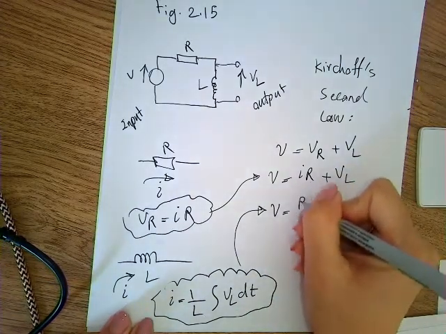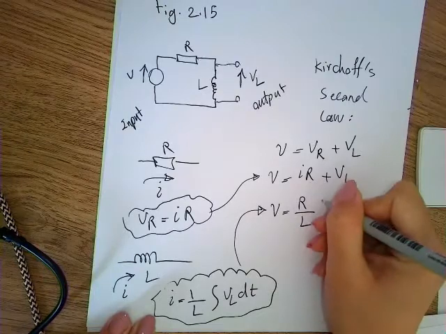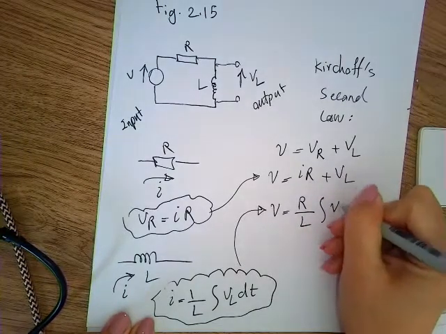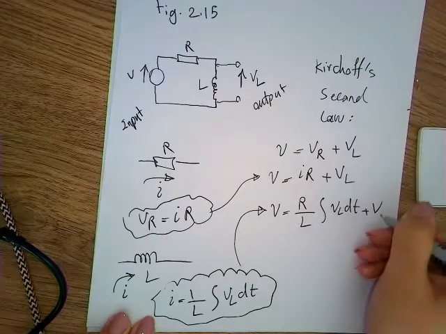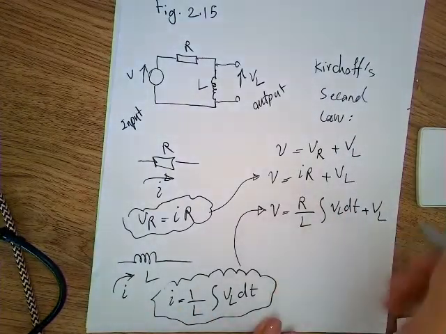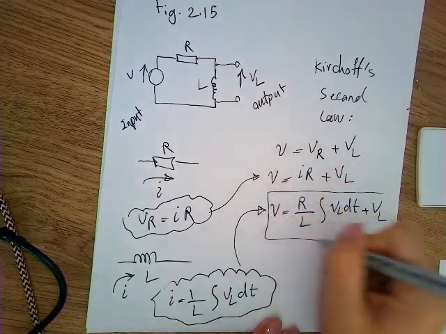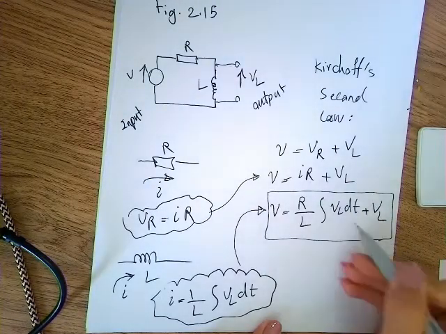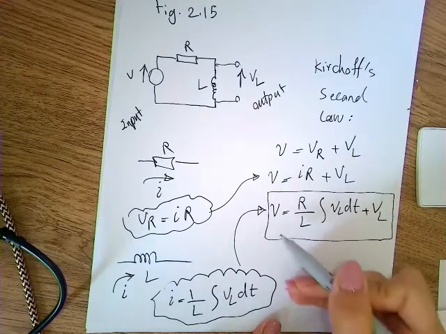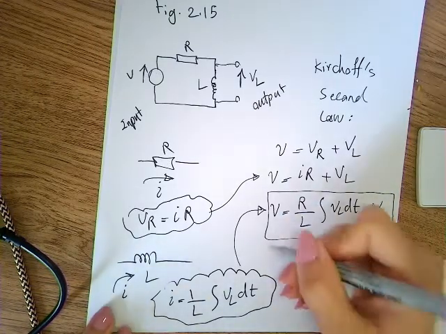So I will have R over L integration of VL over time plus this one stays the same. And that will give me a nice small relationship between my output VL on the right side and my input V on the left side.